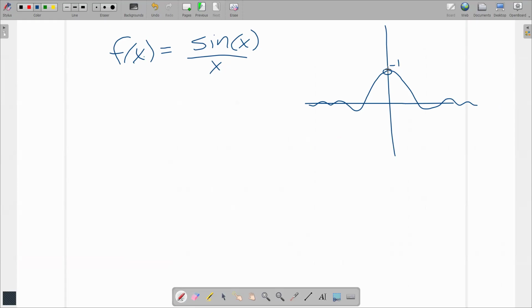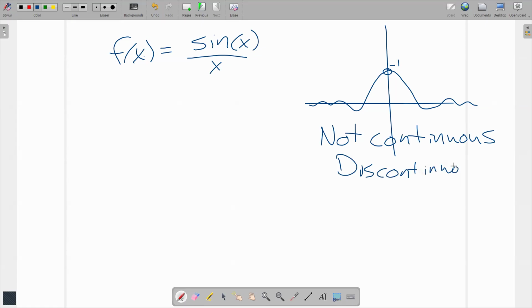So this is not continuous. And instead of not continuous, we often say discontinuous, or discontinuity. There are different ways to be discontinuous.